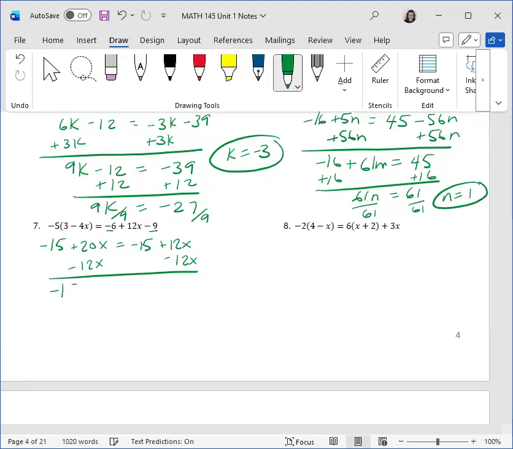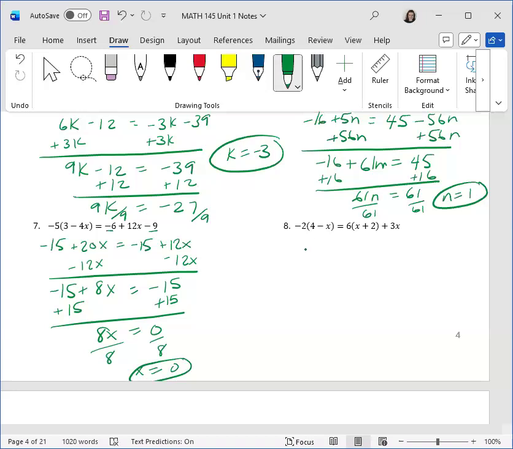So we get negative 15 plus 8x is equal to negative 15. Adding 15 to both sides gives me 8x is equal to 0. Dividing both sides by 8, we get x equals 0 as the solution.